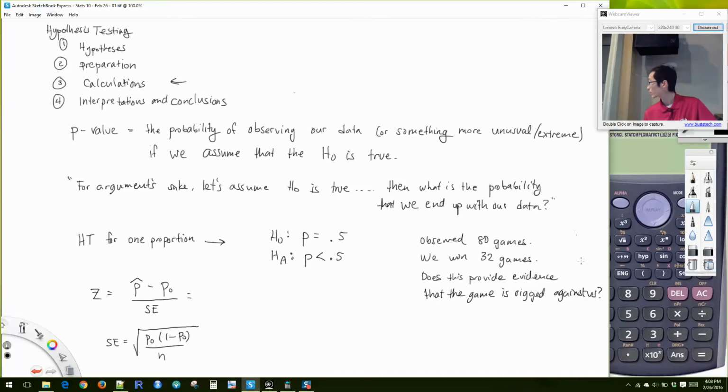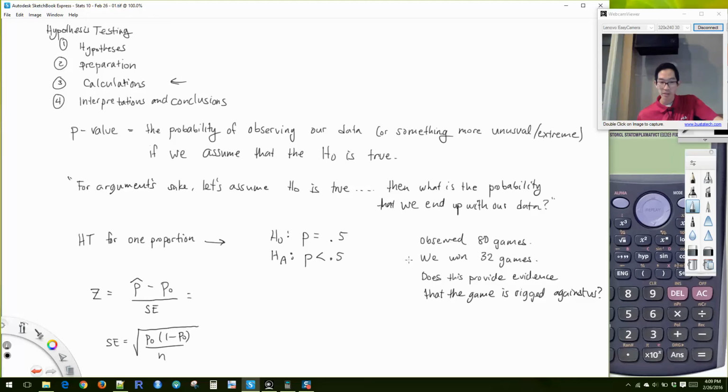What do you feel? You played 80 games. The game says you have a 50% chance of winning, so we should be winning like 40 games. We only won 32. Does it feel like this could be a result of random chance, or does it feel like maybe the game's rigged against us? Yeah, maybe. Well, let's see what happens, okay?